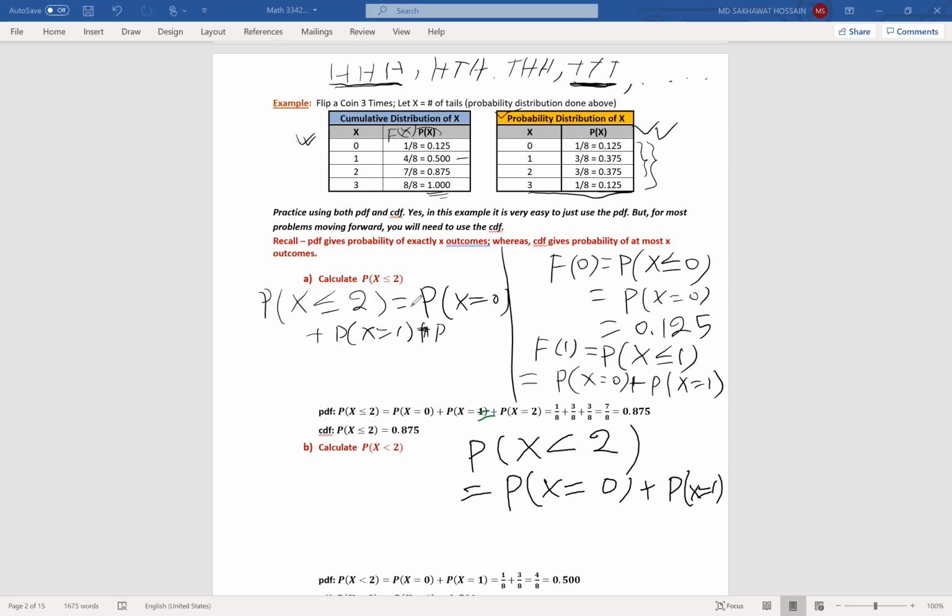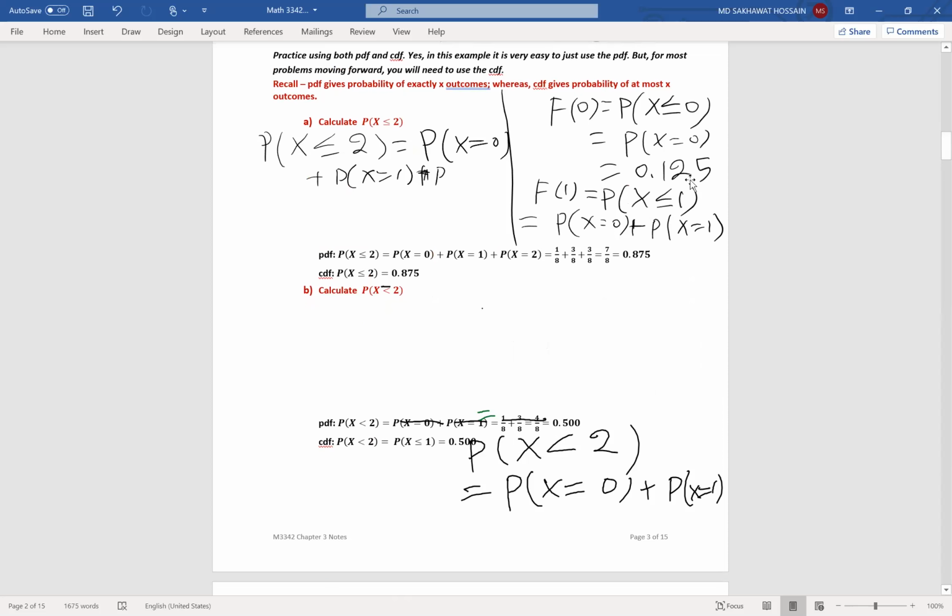But for the previous one, we have three values: X is 0, X is 1, and X is also 2, because it was less than or equal to, but here we have just strictly less than. So when you are answering questions in the exam or for homework, you have to be very careful about this notation. Okay, so then the probability is, now you can see this probability is equal.